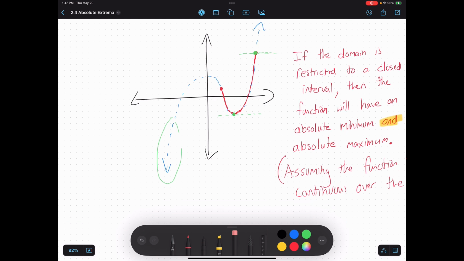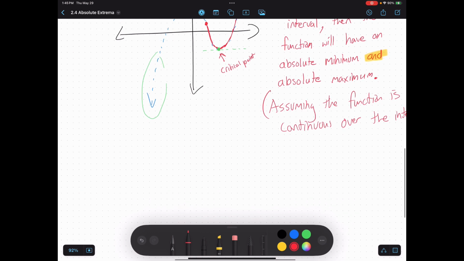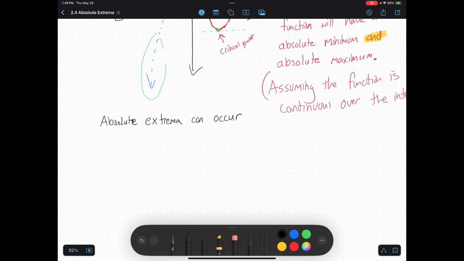The absolute minimum occurred at one of my critical points, or one of my relative maximum or minimums. So these represent the two different places you should look for these absolute minimums or absolute maximums. So absolute extrema can occur at endpoints and critical points.